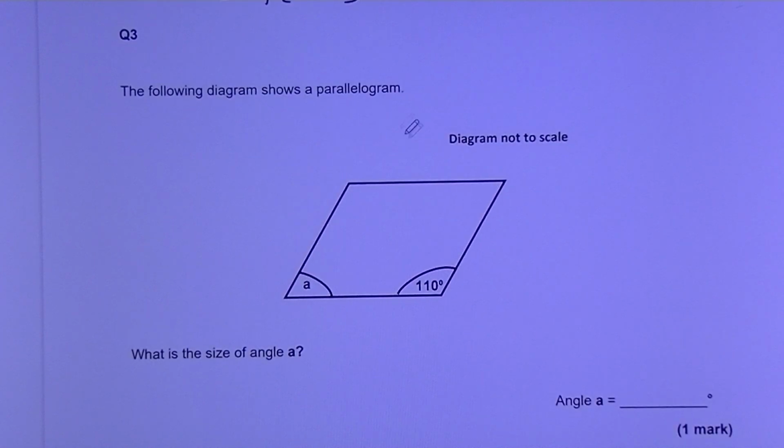The following diagram shows a parallelogram. So we know from the parallelogram that this angle is going to be the same as this angle. So that one there is 110. These two angles are going to be the same.